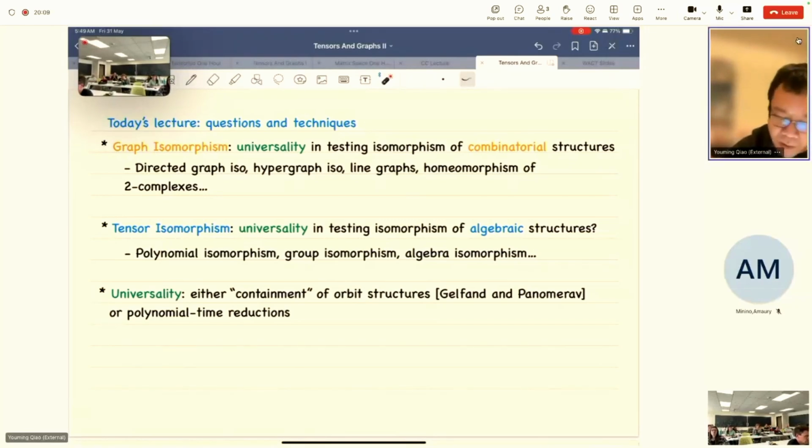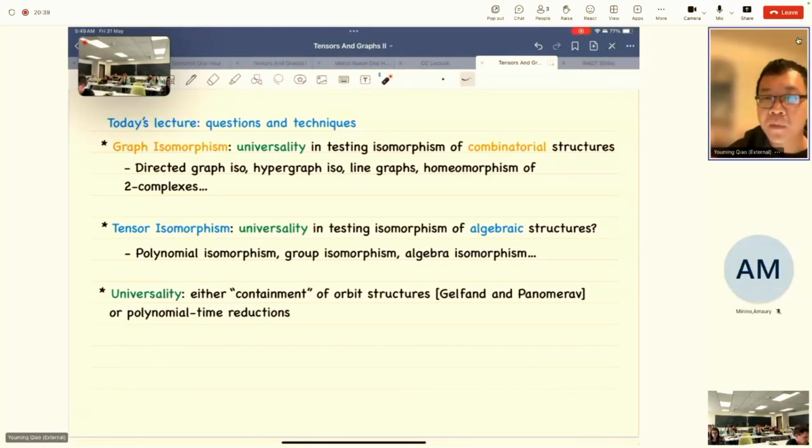And another thing people have been studying about graph iso is that there's a so-called universality of graph iso in testing isomorphism of combinatorial structures, which basically suggests that there are isomorphism problems, for example, for directed graph iso, hypergraphs, also called line graphs. Or sometimes it goes to a little bit exotic, like homeomorphisms of two complexes.